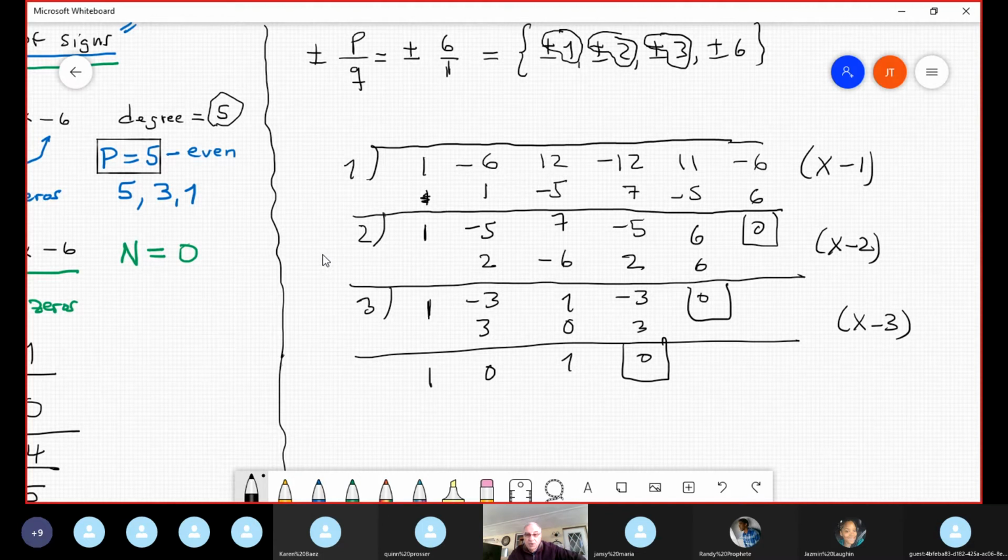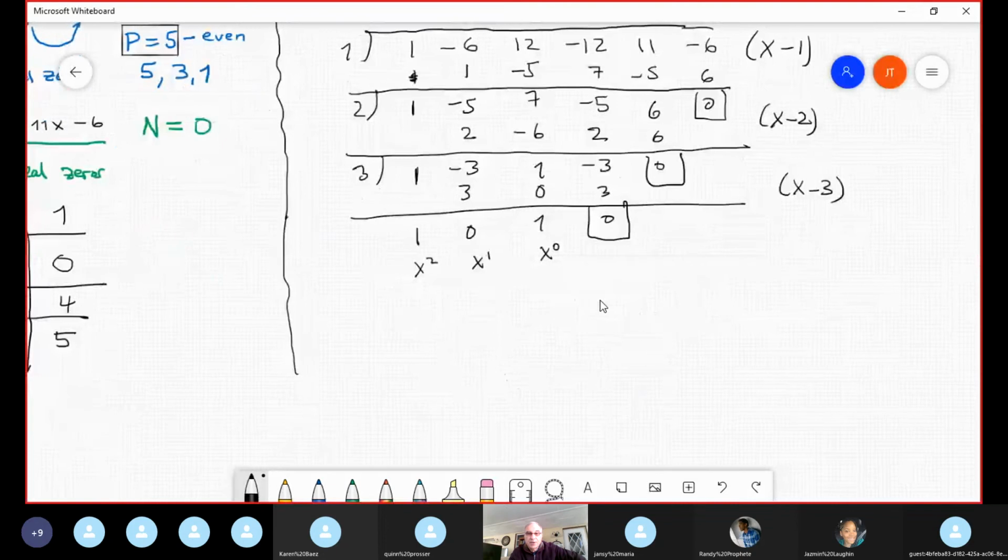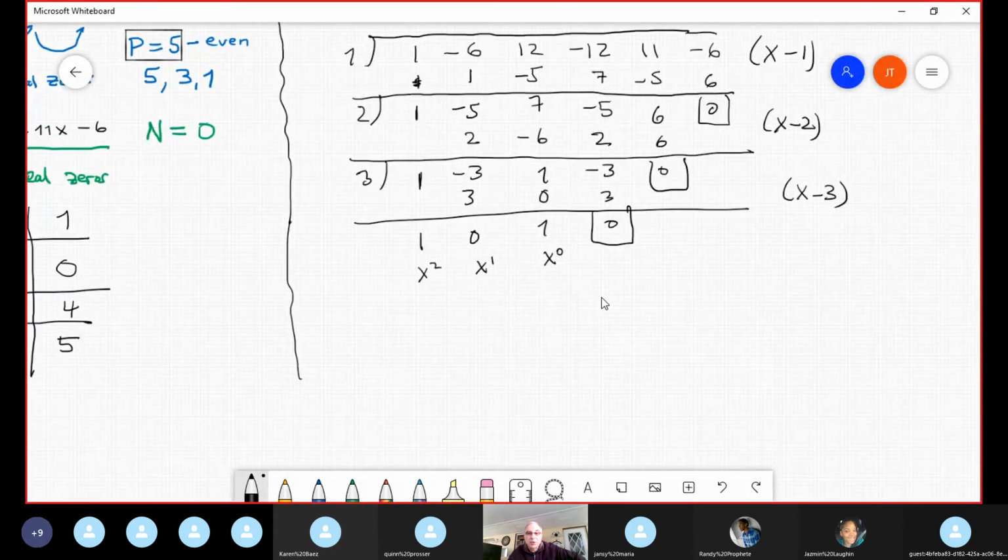So, stop here because I know the quotient is degree 2. And degree 2 is super easy to solve because I know very well the solution for the quadratic equation. So actually, the factorization of my polynomial is x minus 1, x minus 2, x minus 3, and x squared plus 1.